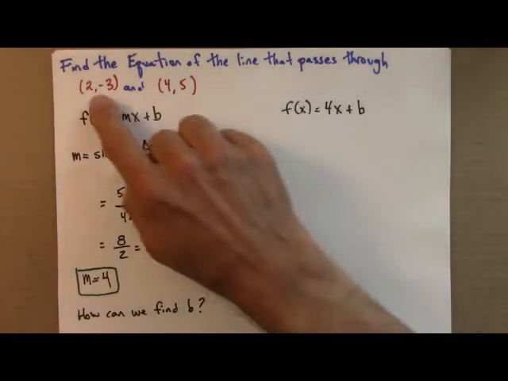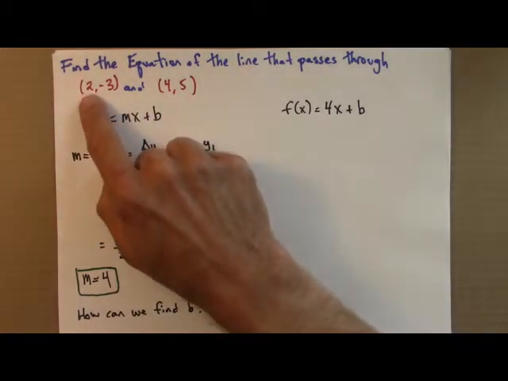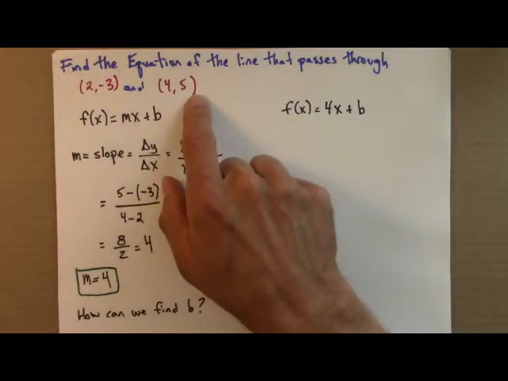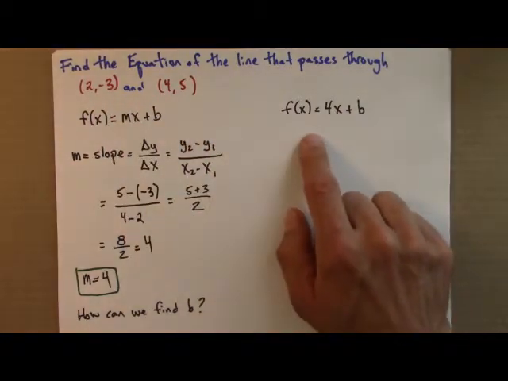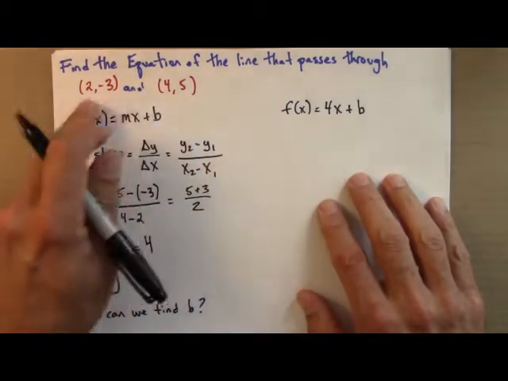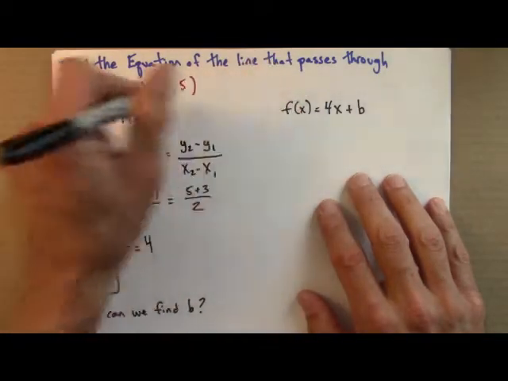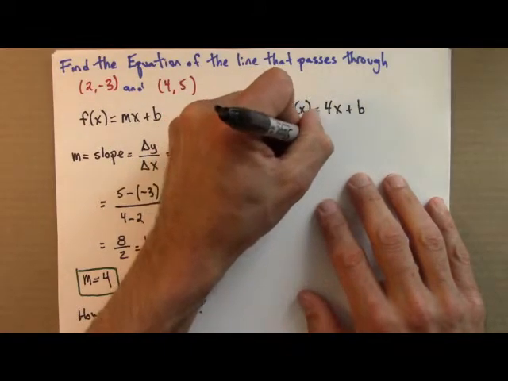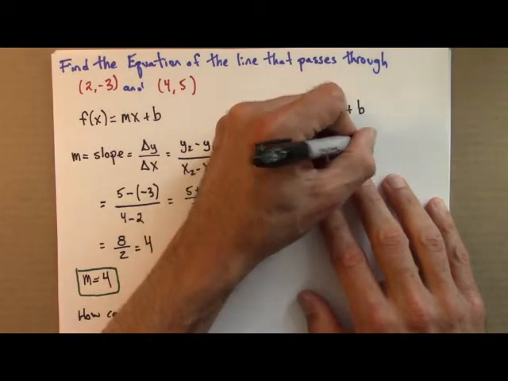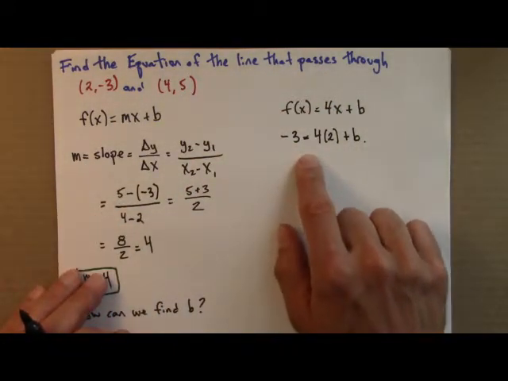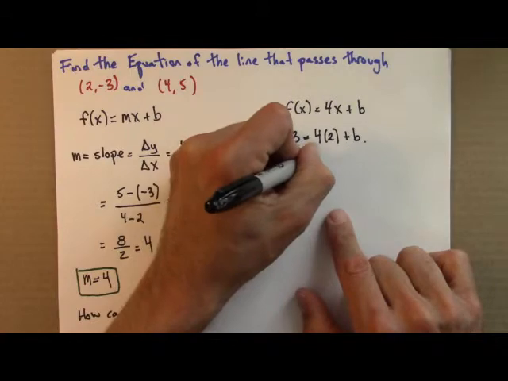So to do that, I'm going to plug in one of these pairs of points, because 2 is x, minus 3 is f of x. I could plug in 4 and 5. I'll do the first one. Again, it doesn't matter. I'm just going to use the information given here in red. So f of 2, minus 3, is 4 times 2 plus b. And then I'm going to solve for b. So minus 3, 4 times 2 is 8.